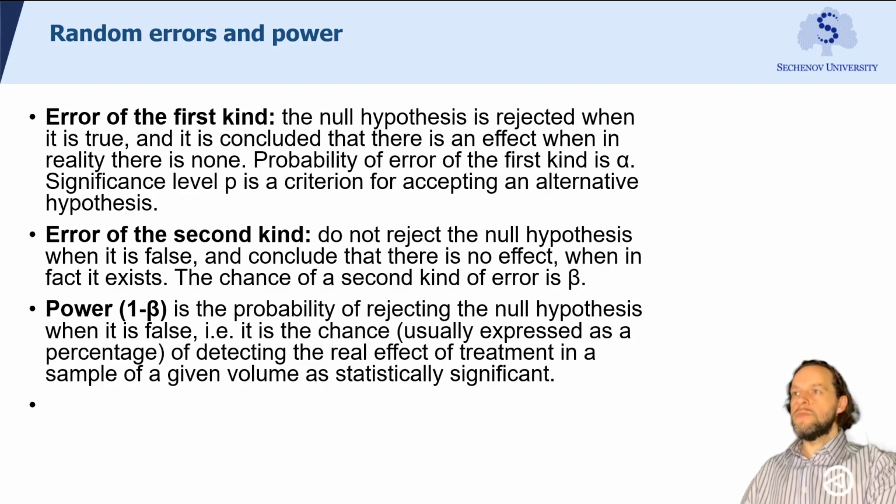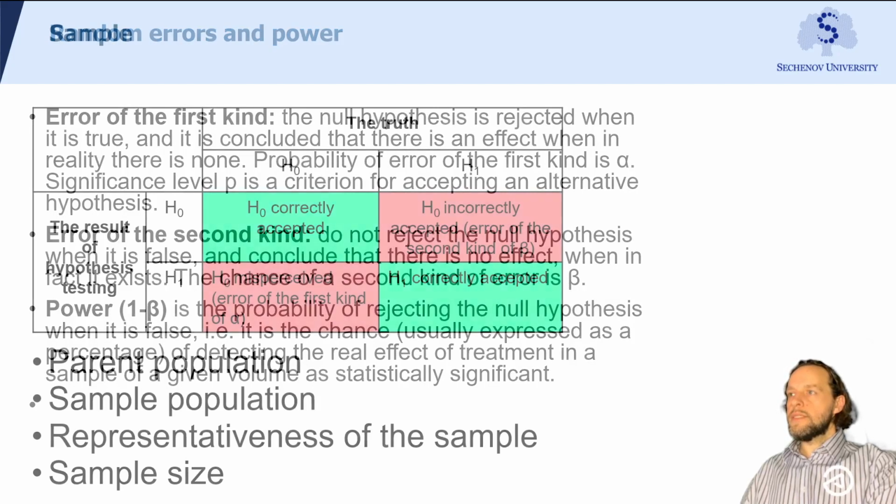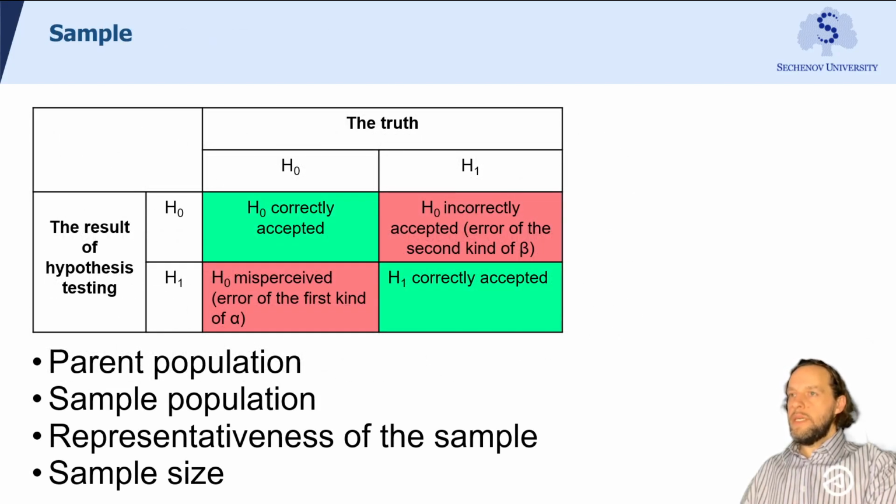And error of the second kind is failing to reject the null hypothesis when it's false. So it's a basic area of statistical data interpretation, and it is being used in, I guess, all statistical experiments.